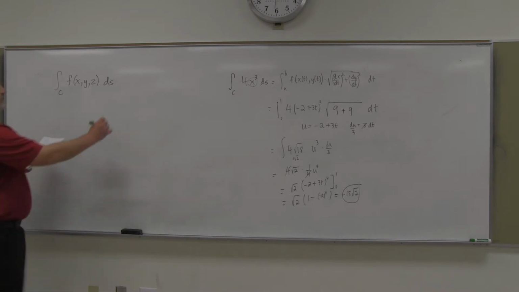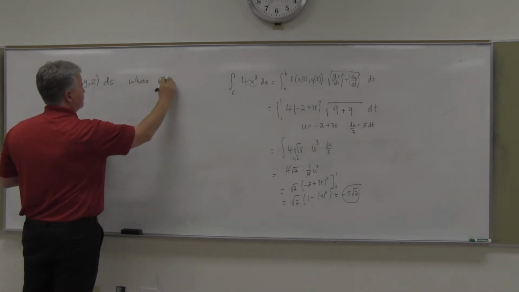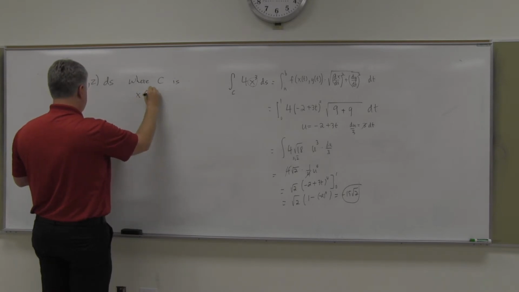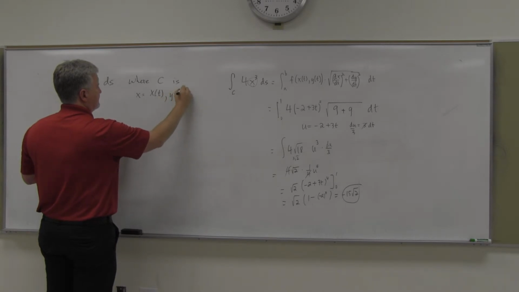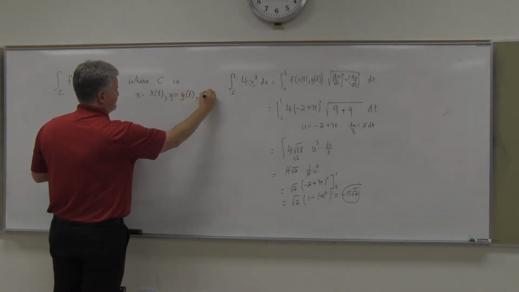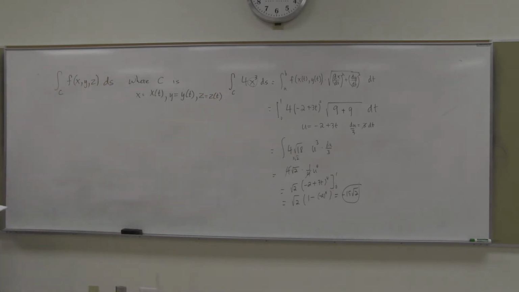They're going to give C in parametric form. Well, I say that, you may have to change it to parametric form. No, I don't think you have to do that here.